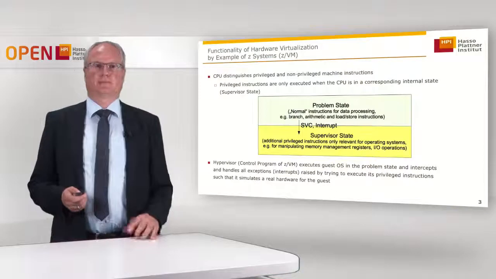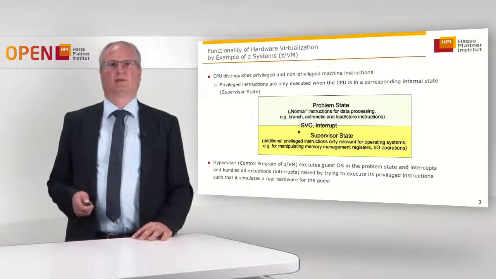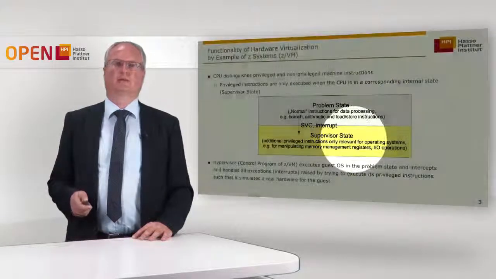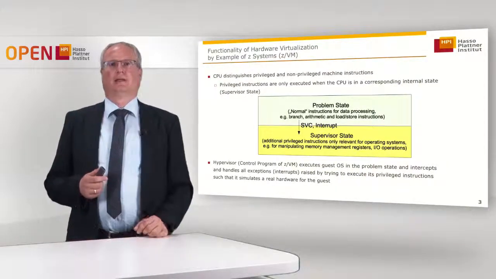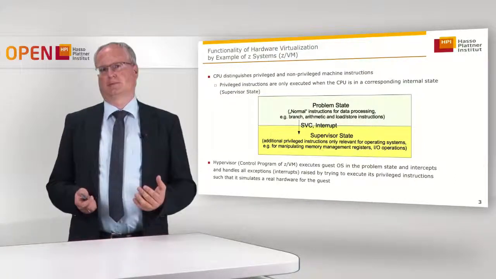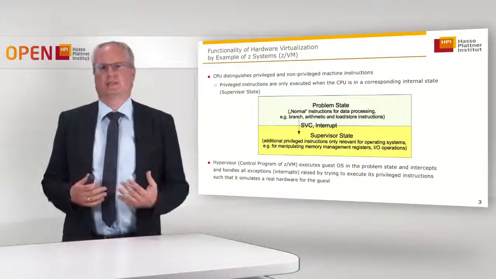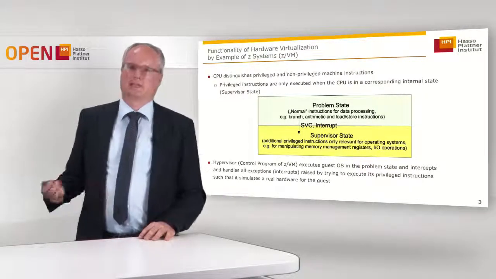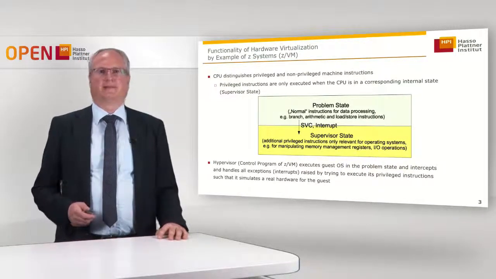In this example here, you see the basic structure inside the mainframe CPU. We have what is called the problem state and the supervisor state. So the mainframe processor can be in the problem state or the supervisor state. And only in the supervisor state will certain machine instructions be executed. If these machine instructions are executed in the problem state, or if a program tries to execute them, there will be an exception, which leads to an interrupt that needs to be handled.